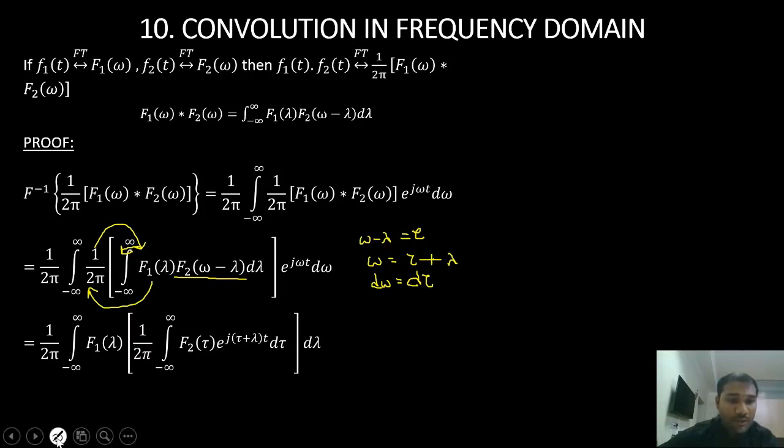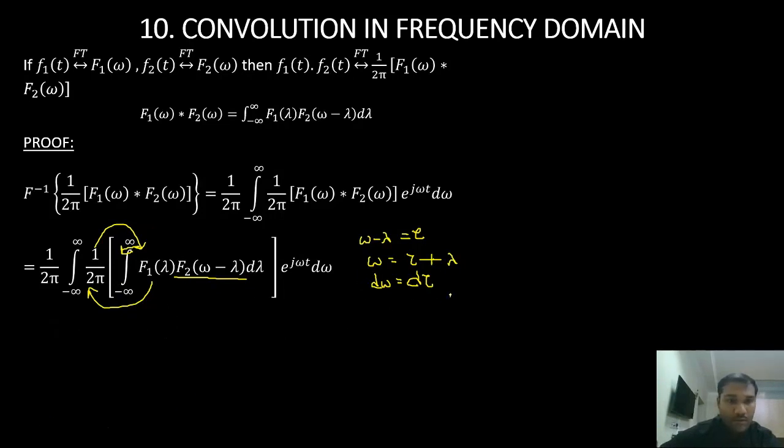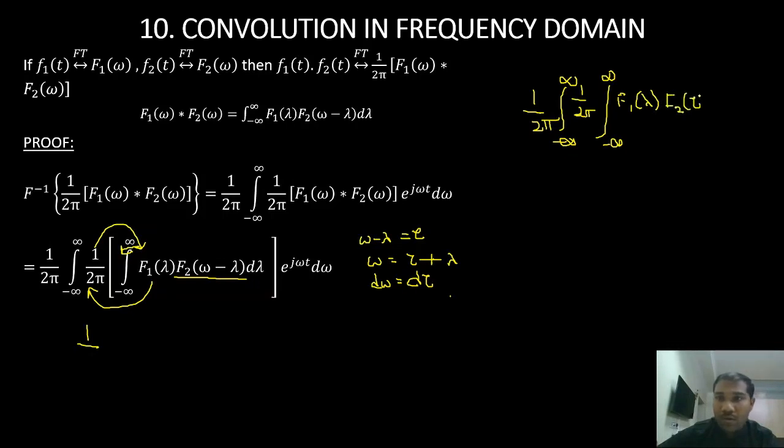So substituting all these things, I have 1 by 2 pi integral minus infinity to infinity, again 1 by 2 pi here, integral minus infinity to infinity f1 of lambda, f2 of tau, and in place of d lambda I'll write it as it is, d lambda.